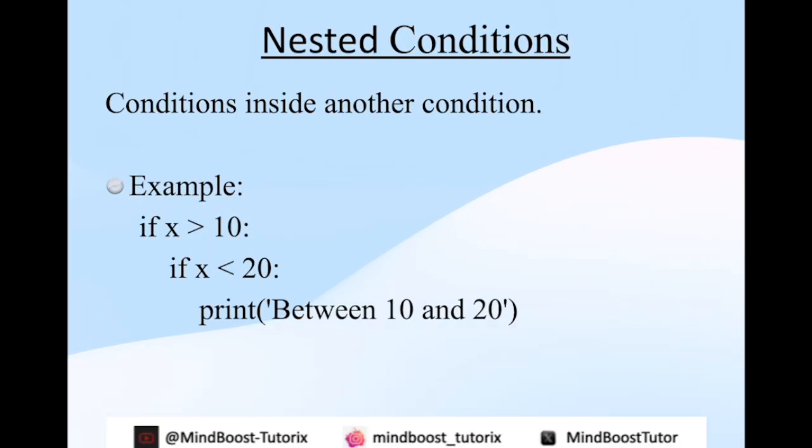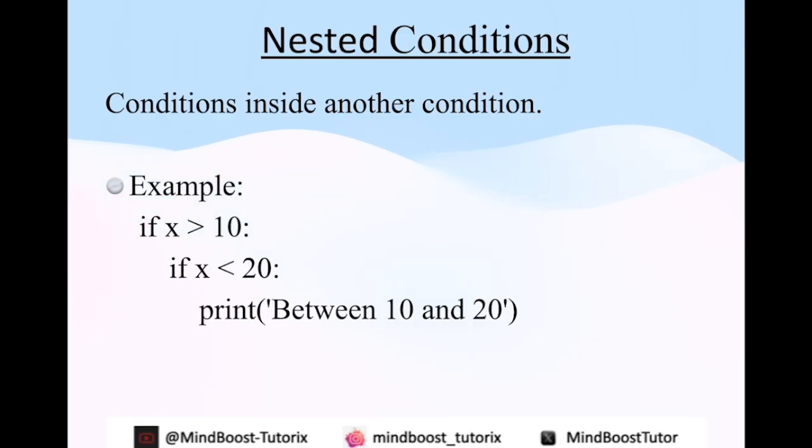Nested conditions. A nested condition is where you have a condition, and based on that condition you have one more condition. According to this description, it is a condition inside another condition, right? So that is called a nested condition.